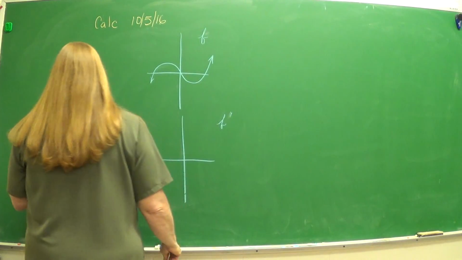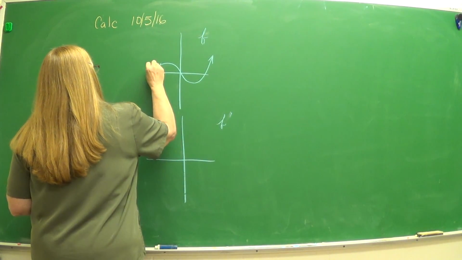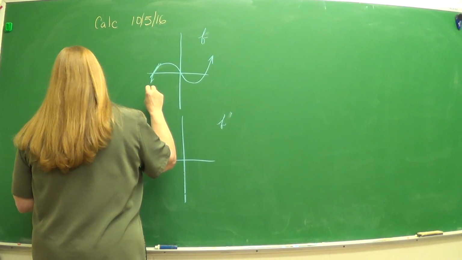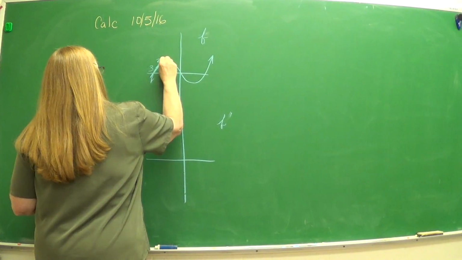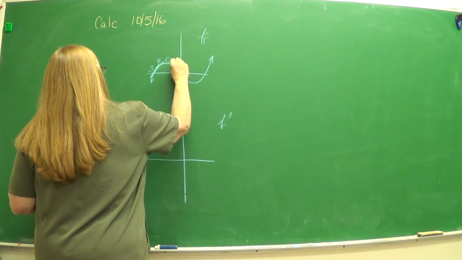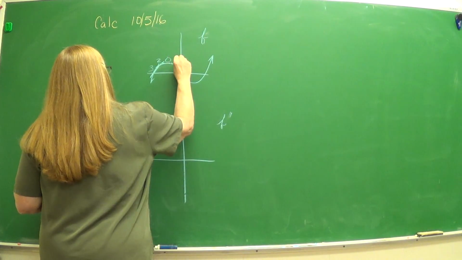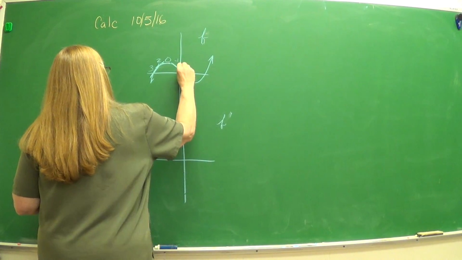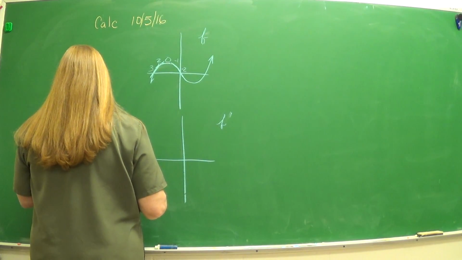All right, if you're back with me, way over here at this x value, I'm finding that the slope is a high positive number, less of a positive number, 0, a slight negative number, slight negative, more of a negative number. Do you think it's steeper there?